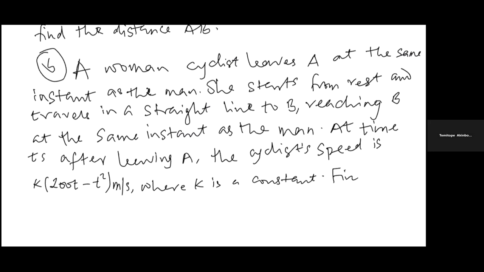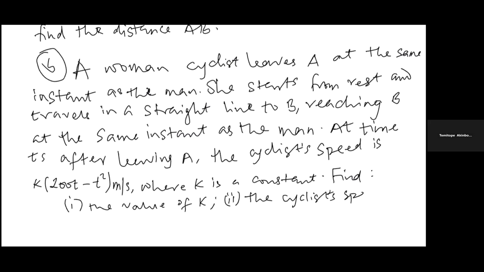Find, Roman figure 1, the value of K. Roman figure 2, the cyclist's speed at B. When you are done, let me know. I'm done. Okay.